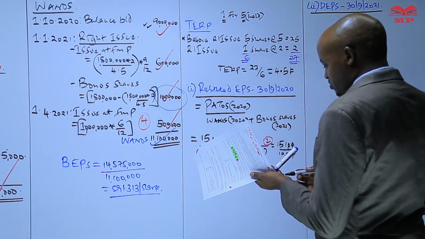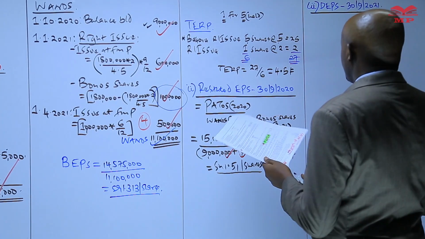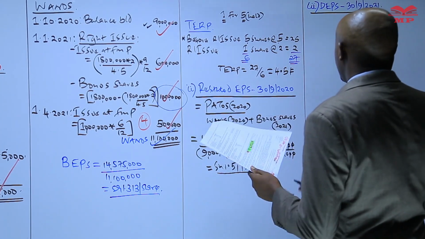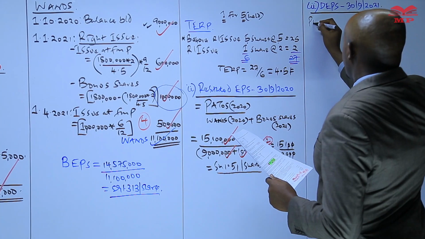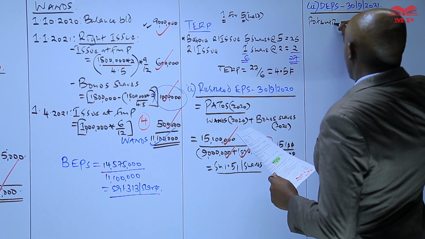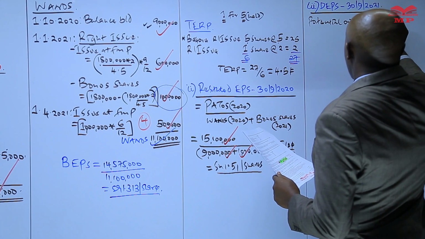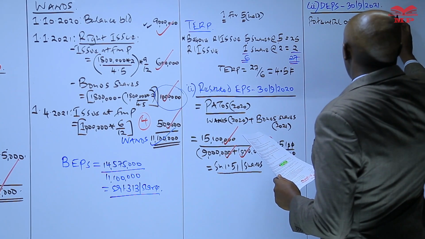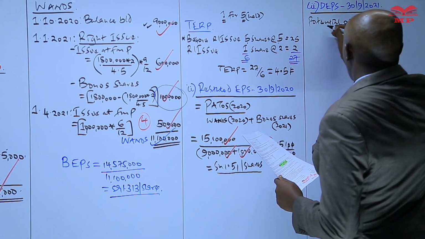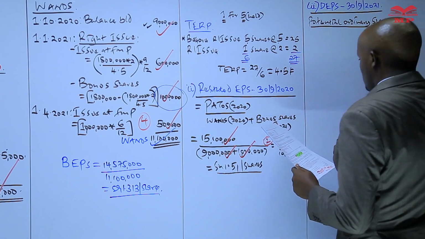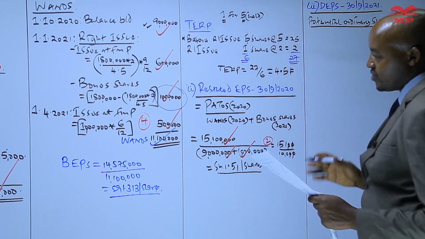So therefore, what we need to do first of all is we go back to the information which is provided here, and we check which potential ordinary shares R Limited had in the year 2021.